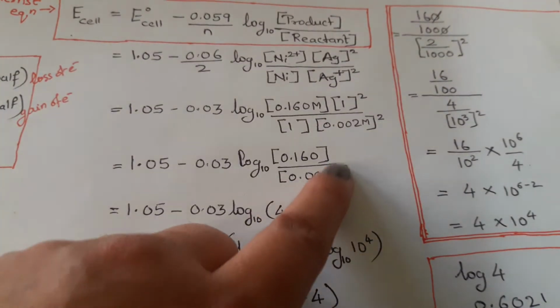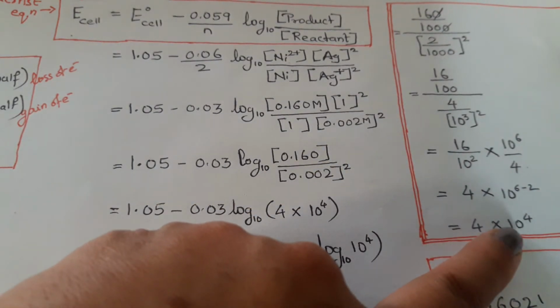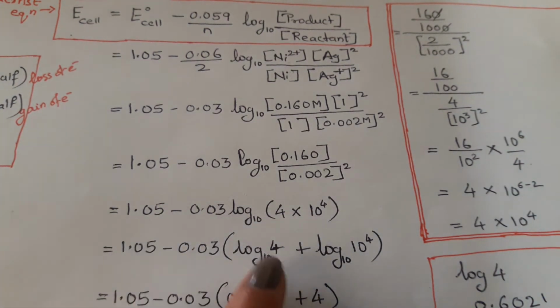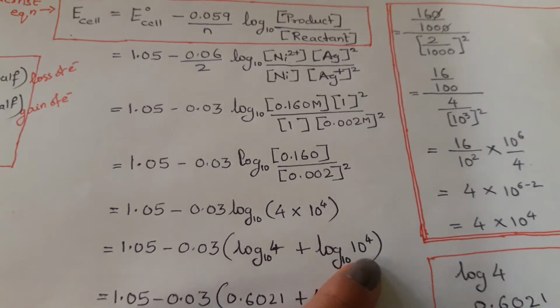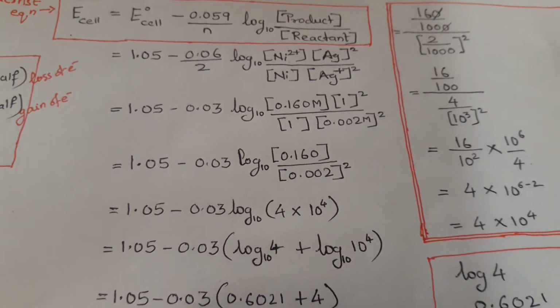We further write it as log of 4, and since it is into here, we write plus log of 10 raised to 4. And we know that log of 10 raised to 4 is going to be 4.